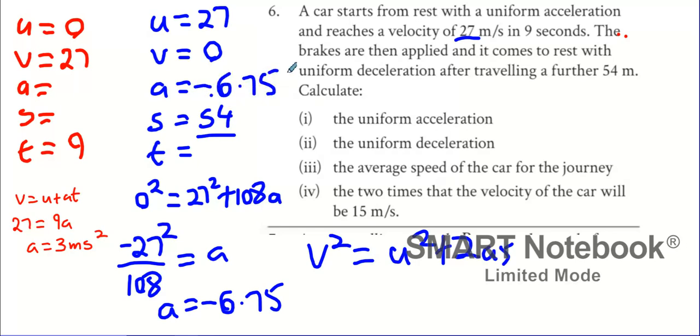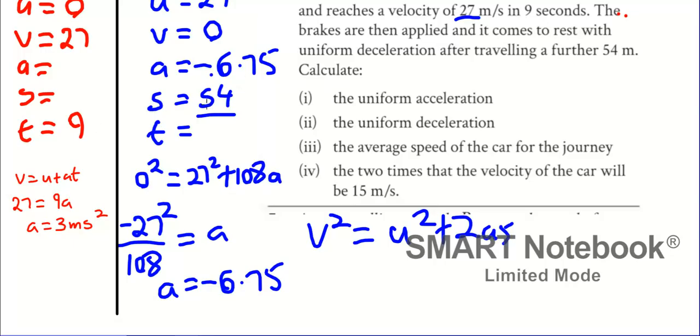Okay with that? Now, what's the average speed of the car for the journey? To do that, I'll need to get total distance over total time. So, in the red data, what should I need to do using the red data? I probably need to do S equals UT plus a half AT squared, okay?